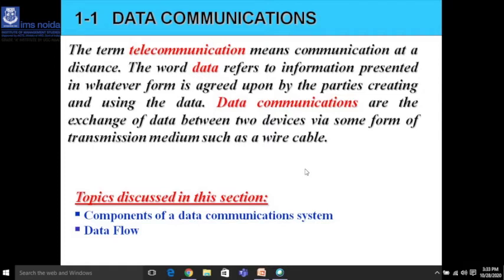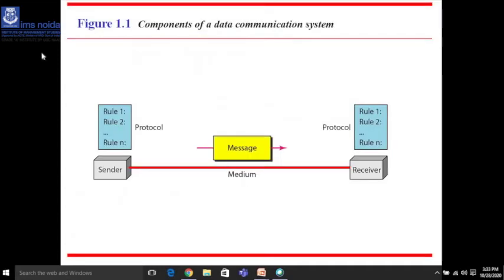So what exactly we talked about are the components of a data communication system. Components means: if data communication and information sharing are possible, what are the important components? The Internet was introduced in 1969, but the network, through which you can share data from one device to another, came in the 1960s and into the public domain in 1965.